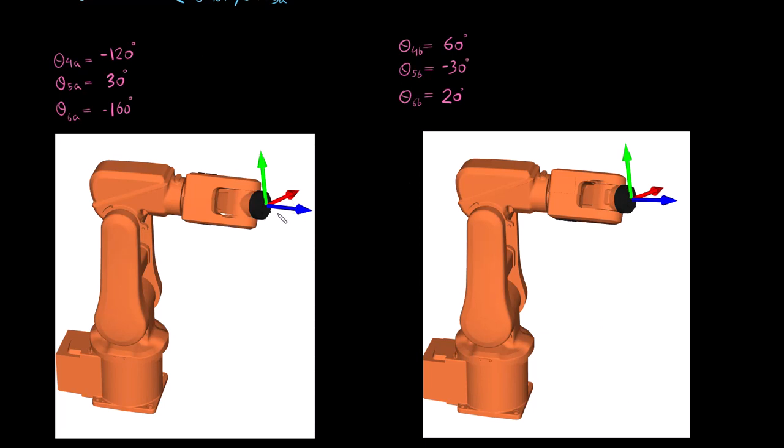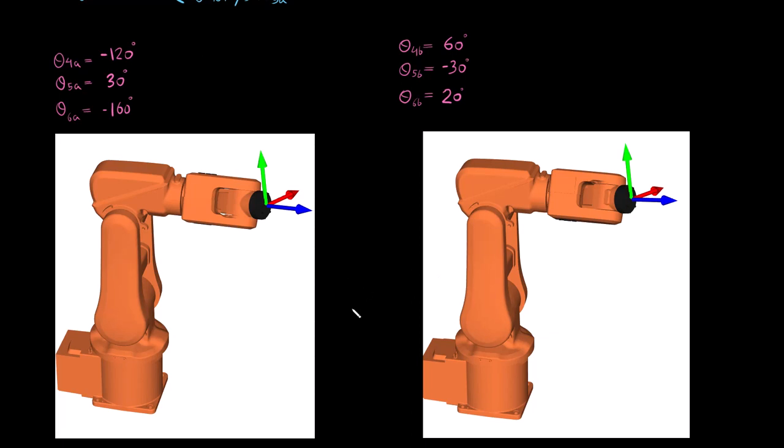Since we set the forward kinematics of the robotic wrist equal to the rotation matrix and solved them, we have ensured that the orientation of the end effector is the same as required, and we haven't taken into account the position as of yet.